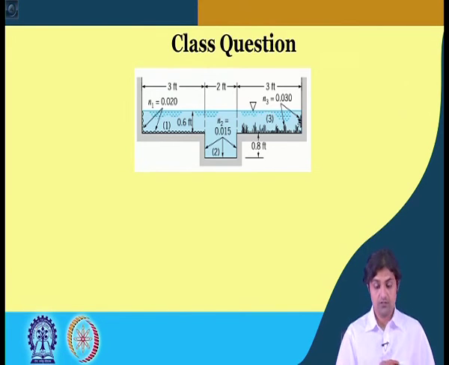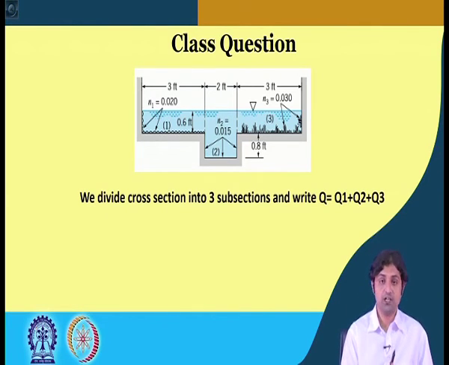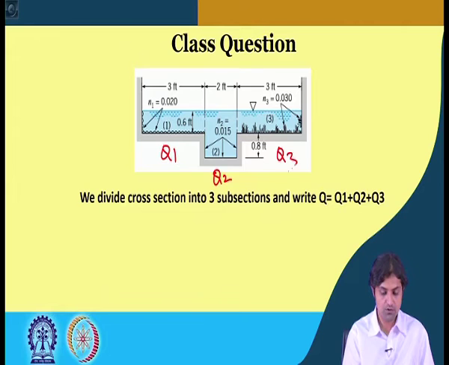First, we redraw the diagram and divide the cross section into 3 subsections, and the total discharge is going to be Q1 plus Q2 plus Q3. This is section 1, here it will be Q1, Q2 and Q3. We find them separately.